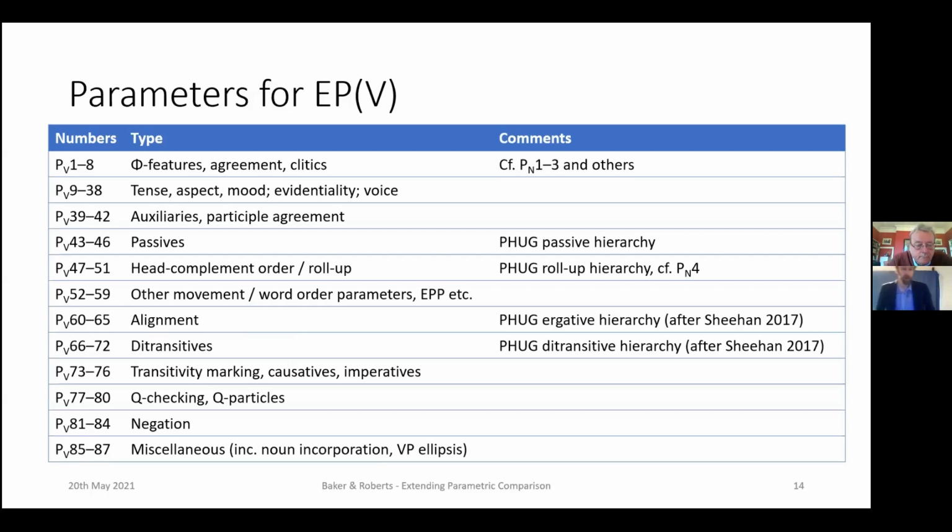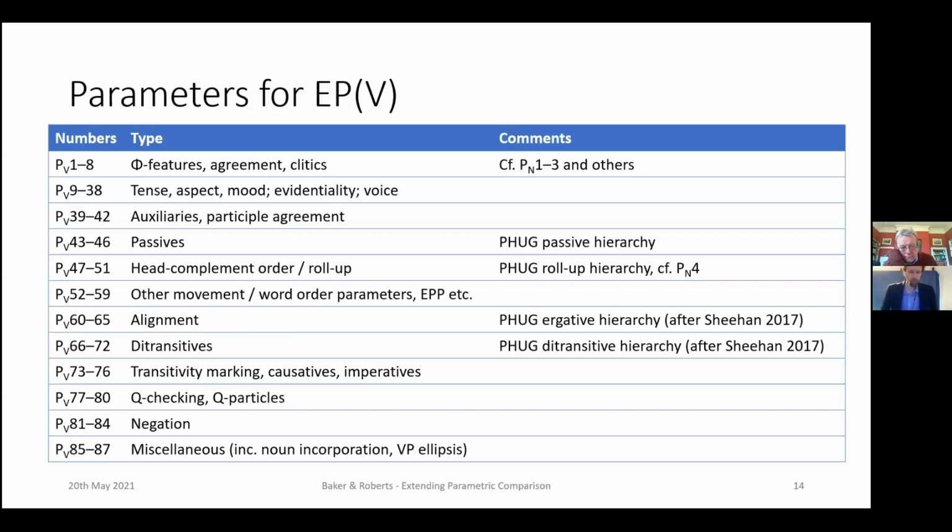We then also have a large number of parameters asking questions about tense, aspect, mood, evidentiality, and voice. Again, largely paralleling the nominal parameters in that they make use of the parameter schemata as a basis in many cases, as well as other parameters like, for example, that grammaticalized progressive parameter I just mentioned. A group of further parameters to do with auxiliaries and participle agreement. Then our passive parameters based on the passive hierarchy.